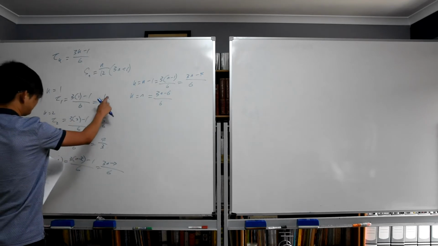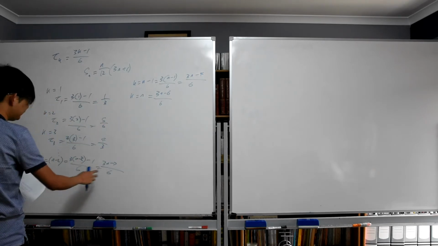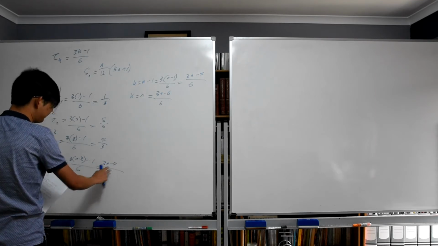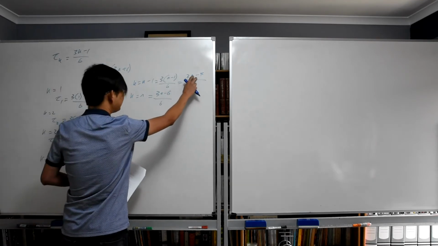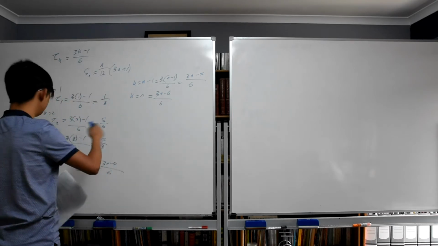So our first three terms are 1/3, 5 over 6, and 4 over 3. Our last three terms are 3n minus 7 over 6, 3n minus 4 over 6, 3n minus 1 over 6. Let's write the series forwards first.